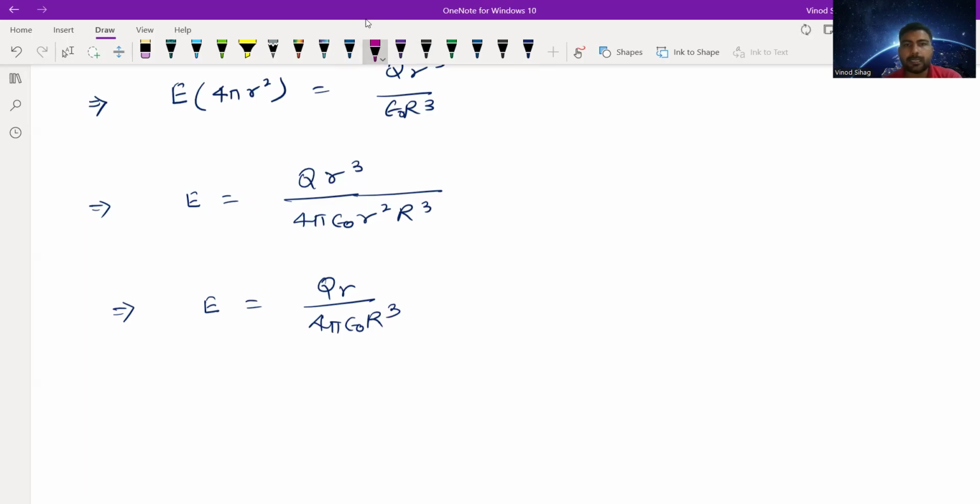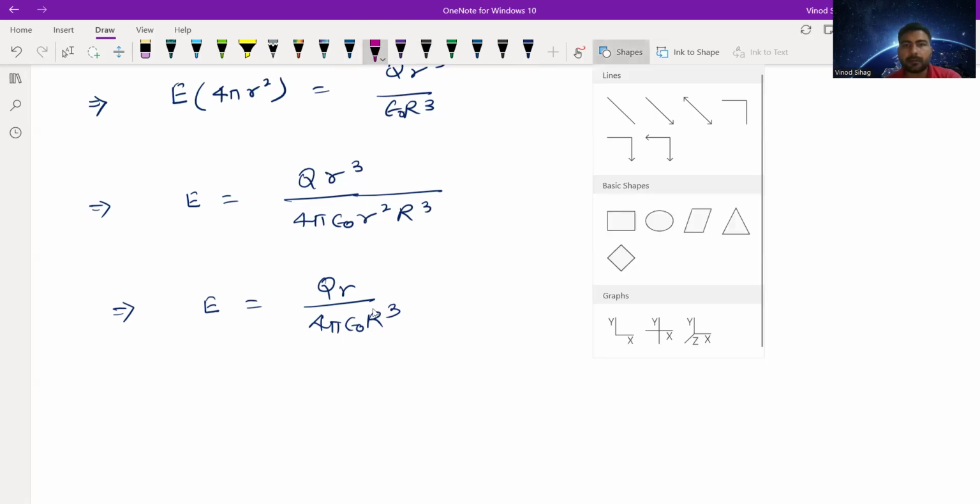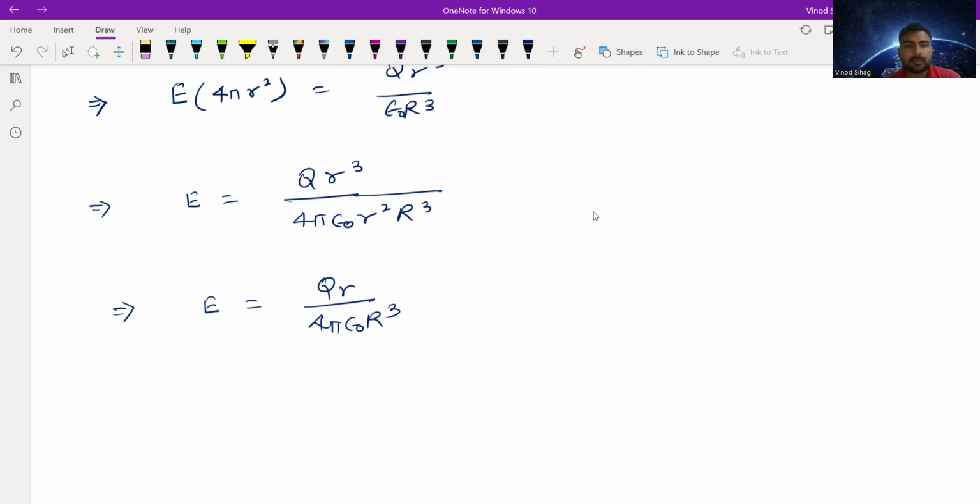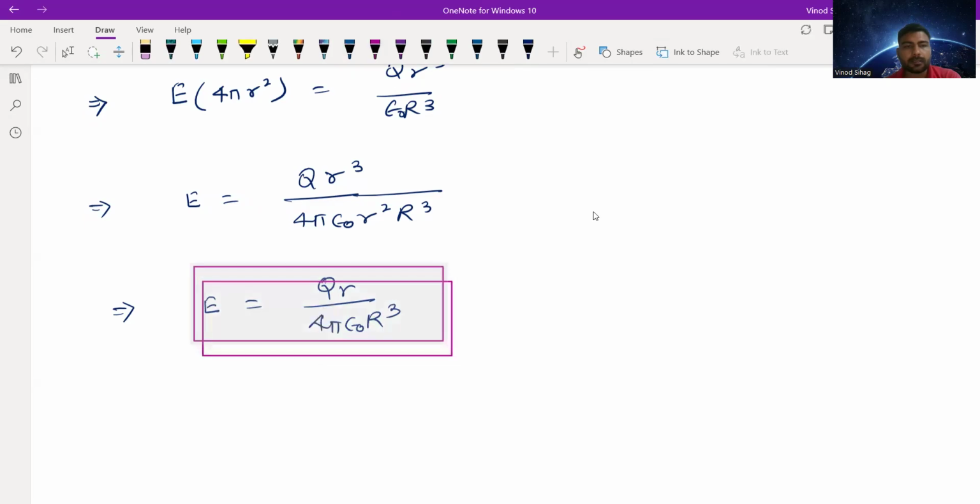and as we can see, its dependency is E proportional to r.